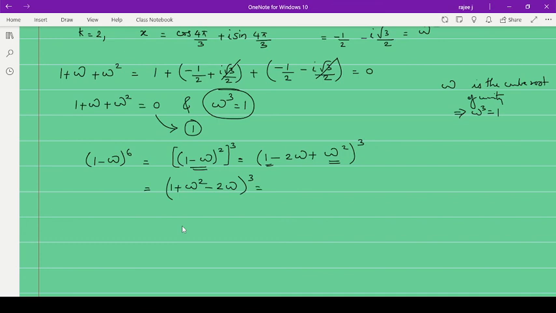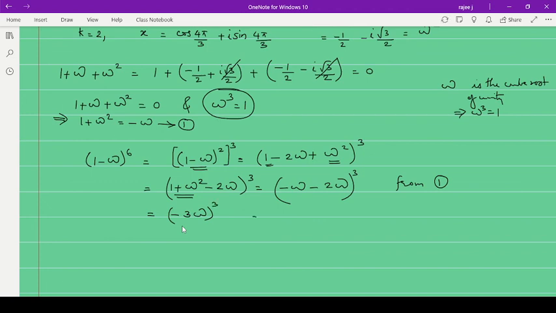From equation 1, 1 plus omega square is equal to minus omega, taking this omega to the right side. So instead of this I will put minus omega minus 2 omega, the whole raised to 3. This is minus omega minus 2 omega, which is minus 3 omega, the whole cube.